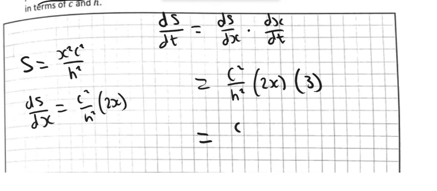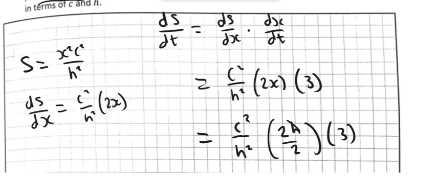So c squared over h squared multiplied by 2 times h over 2. Just 2h over 2 really. And then that's all still to be multiplied by 3, and then those things in the middle should cancel.